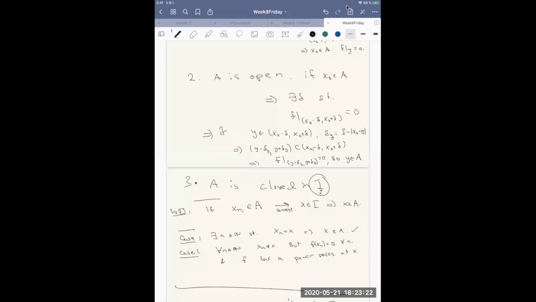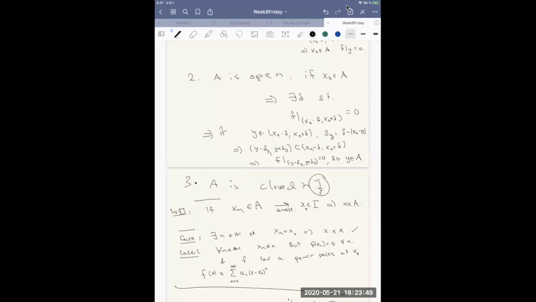So we have a power series. Let's call this point x naught so we can actually use x here. So f of x for all x is equal to the sum of a_n (x minus x naught) to the n, n equals 0 to infinity.